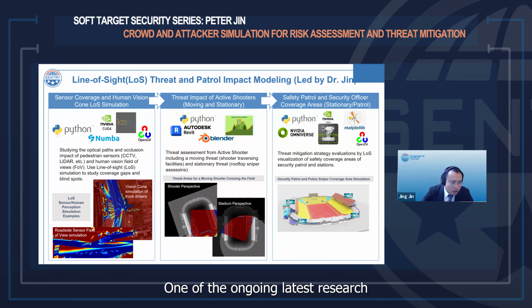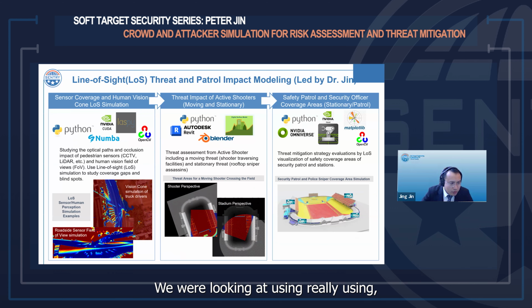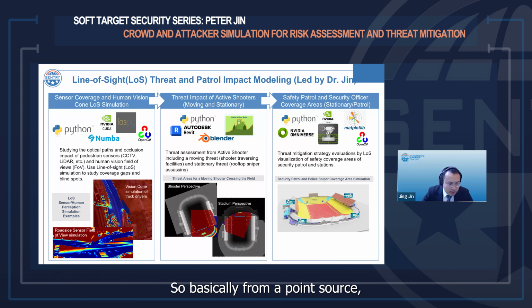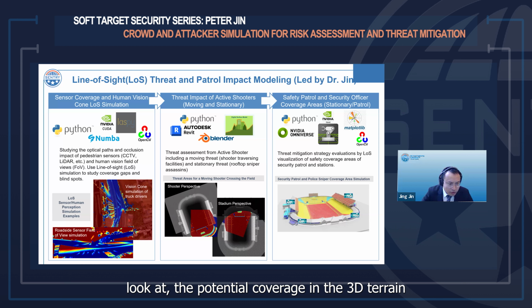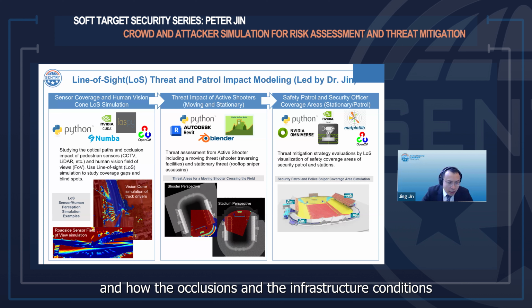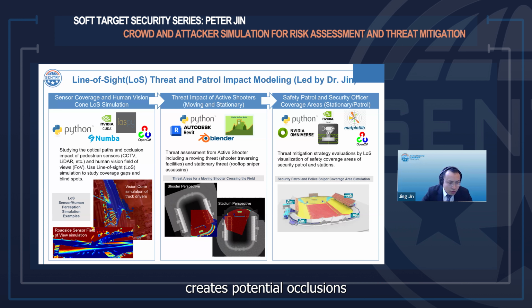This is one of the ongoing latest research efforts, started from year 4. We were looking at using studies we conducted for traffic, for surveillance sensing simulation and field of view simulation, to simulate what we call line of sight. Basically, from a point source, we look at the potential coverage in the 3D terrain coming from the RD2 digital twin model, and how the infrastructure conditions create potential occlusions to the line of sight.